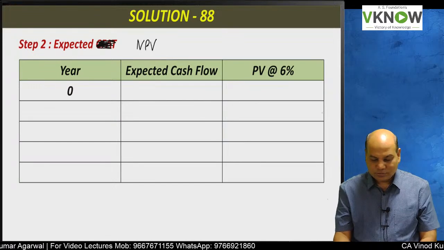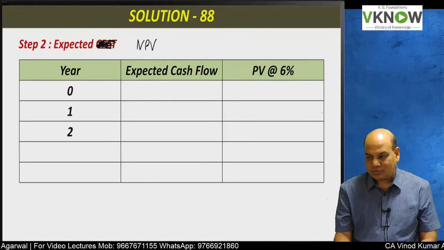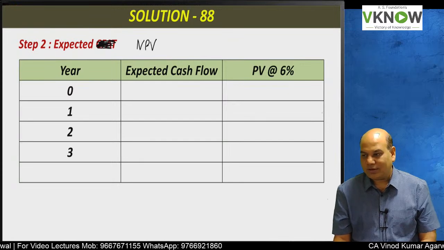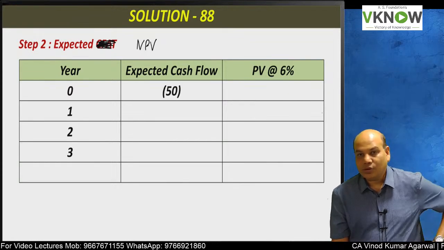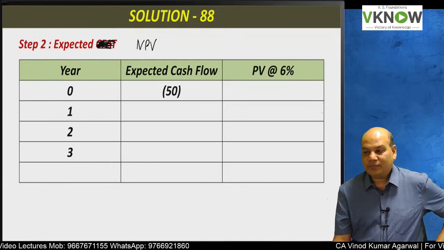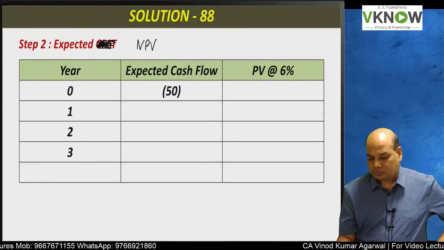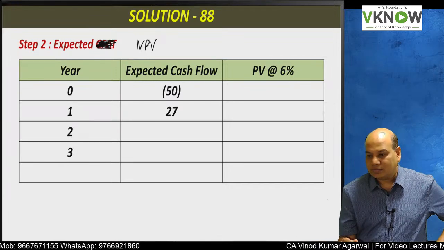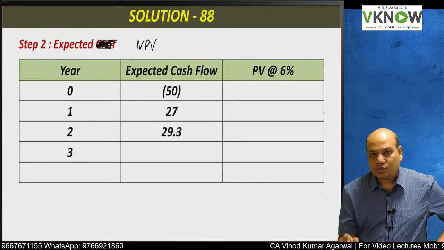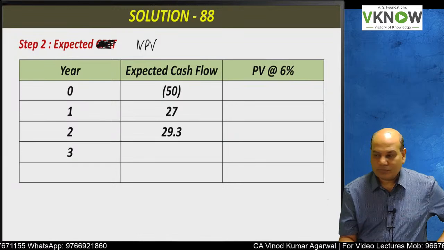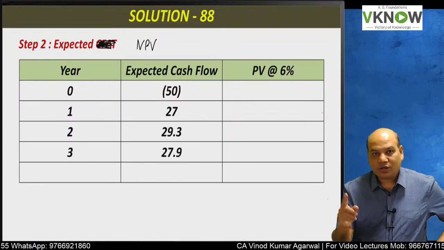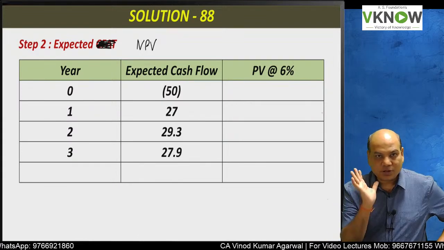Year 0, 1, 2, 3. Expected cash flow year 0 is 50, year 1 is 27, year 2 is 29.3, year 3 is 27.9. This is from the previous table.